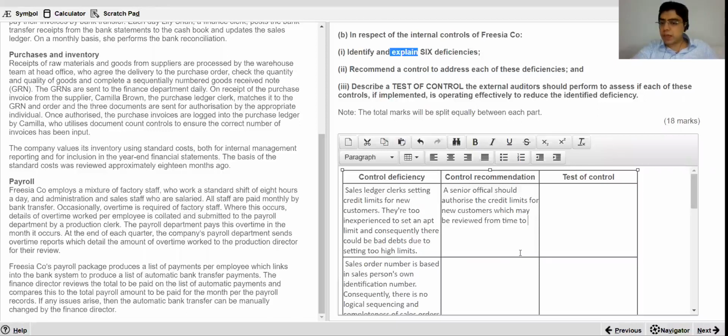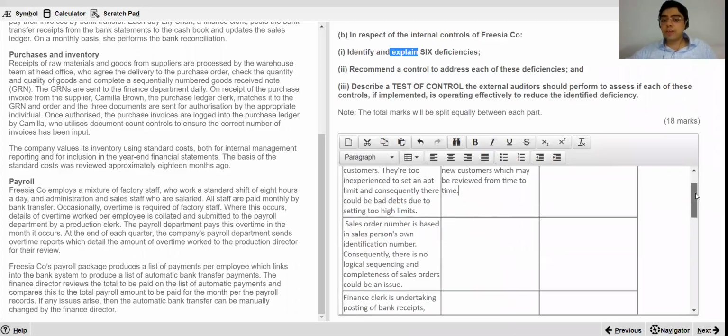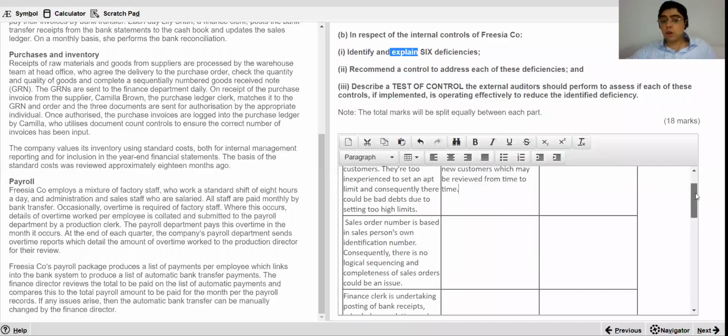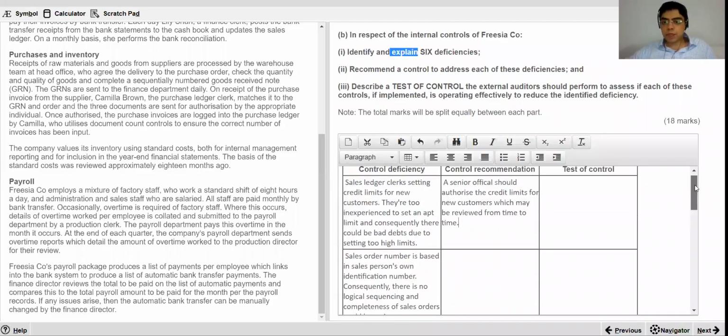Maybe they could be increased, they could be decreased. Just like banks offer to increase your credit card limit if your credit history is nice. So for new customers, a senior official should authorize the credit limits rather than sales ledger clerks.